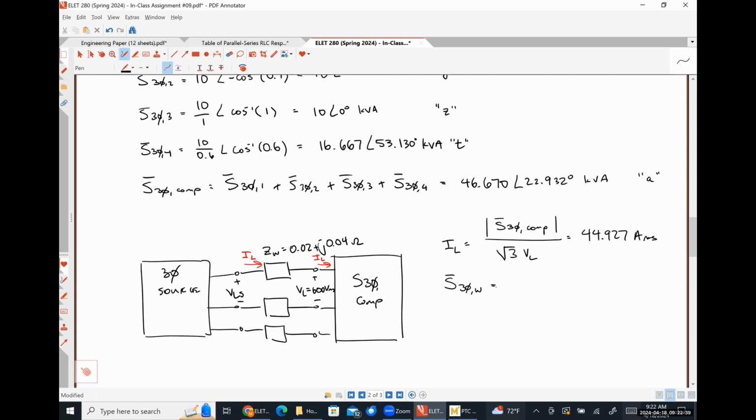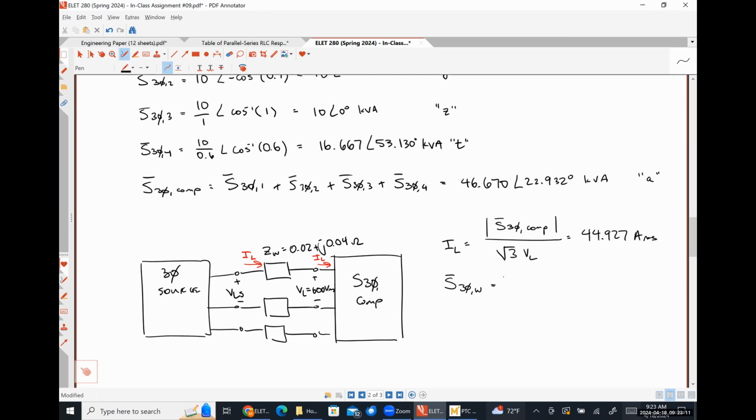Now, I believe that when we were dealing with single phase circuits or steady state sinusoidal circuits, I gave you guys relationships that allowed us to calculate complex power only knowing the magnitudes of voltages and the magnitudes of currents. So that here it would be the magnitude of the current squared times the impedance. However, there are 3 transmission lines. So we're just going to multiply that by 3 to take into account all 3 transmission lines.